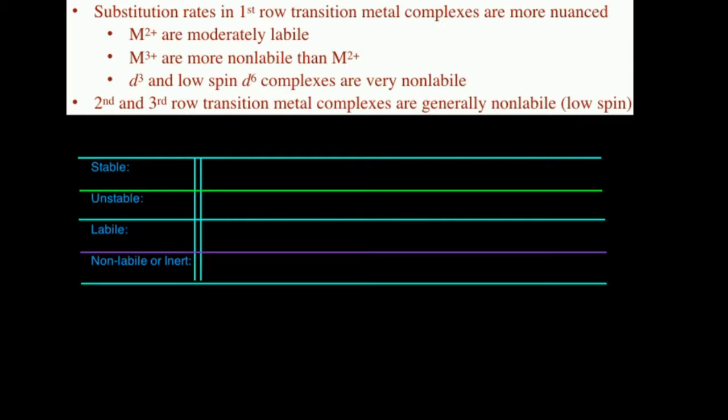So when you want to talk about stability and kinetics, there's no real connection necessarily between either one of them. That means that even if you have a reaction that in terms of stability and energy we would say is thermodynamically favorable, it might take millions of years to happen.